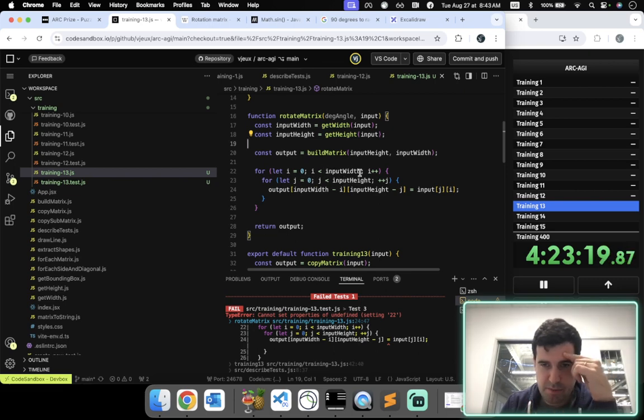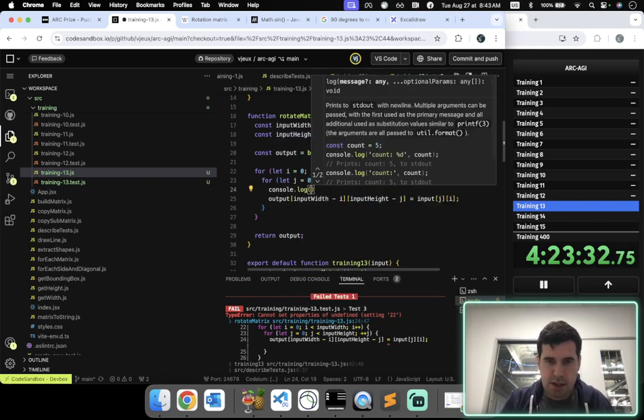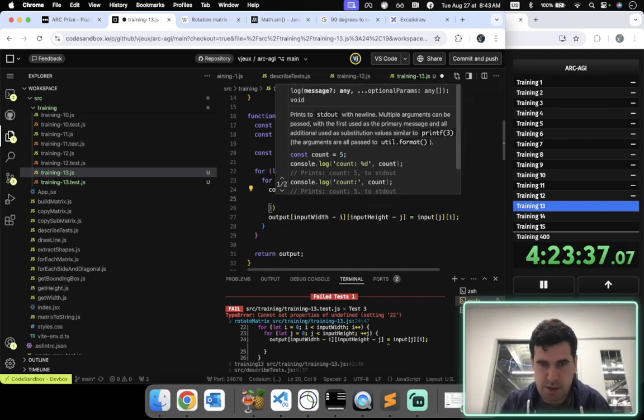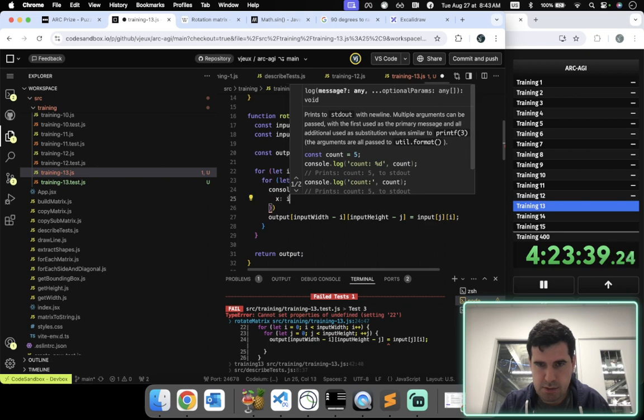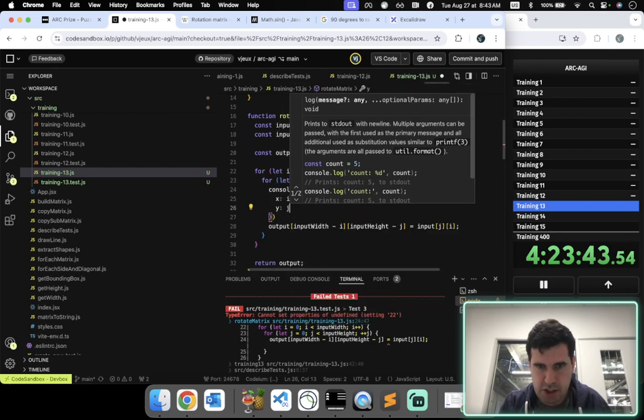Okay, j, a. The output. Okay, so this is the input. Okay. Let's see. So x equals i, y equals j.